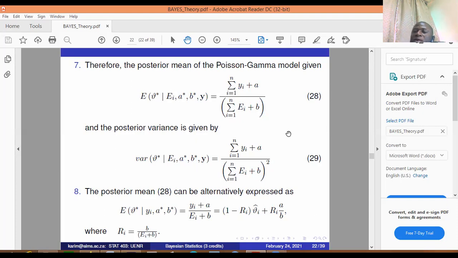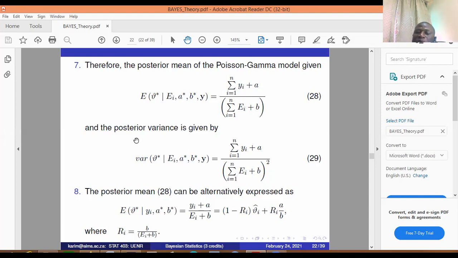So the gamma mean is alpha over beta, and then the variance is alpha over beta squared. You remember that? So now that we know our alpha to be the summation of the disease in region I plus the alpha, we substitute that in place of alpha, and in place of beta, we substitute this. So this becomes our posterior mean for the risk of the disease.